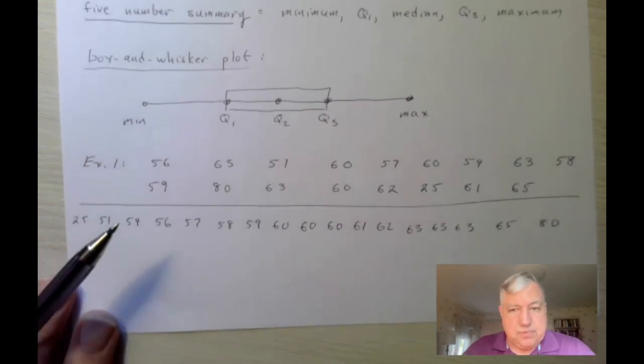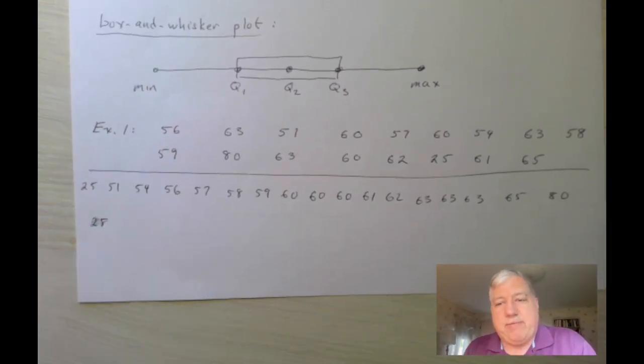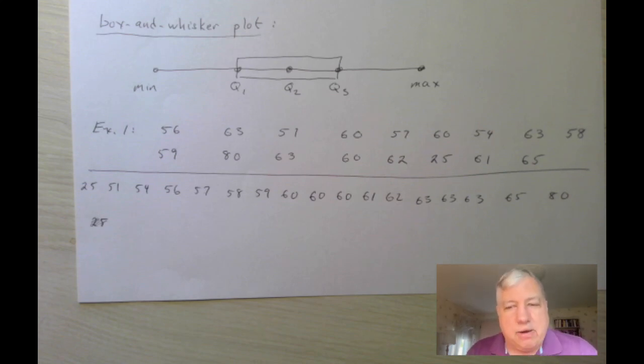Just as an example of how we do this, the good news is we don't have to compute this by hand. I took this data set of 17 entries and reordered it. By the way, we can clearly see what the outliers are. It would be 25 and 80, because all the other numbers are between 50 and 65.